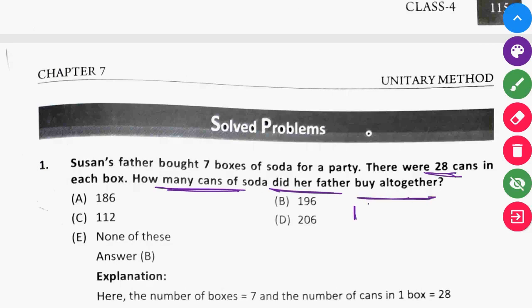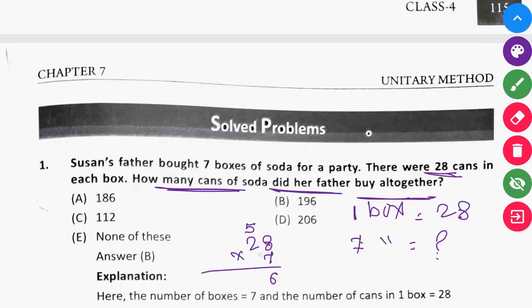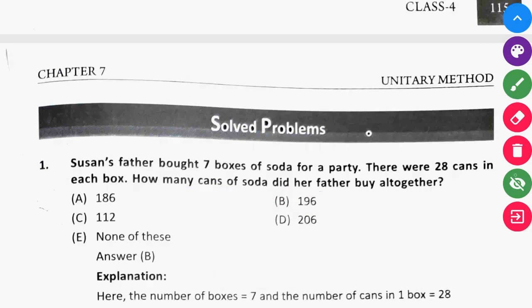In one box there are 28 cans, and we have to find the number of cans in 7 such boxes. So you multiply 28 by 7. 8 sevens are 56, 5 will carry forward, 7 twos are 14, and plus 5 is 19. So the answer is 196.